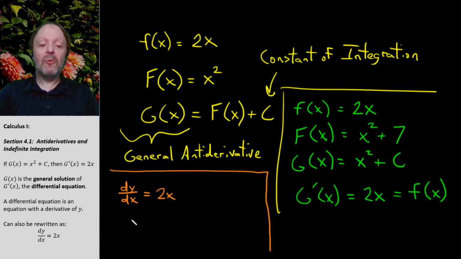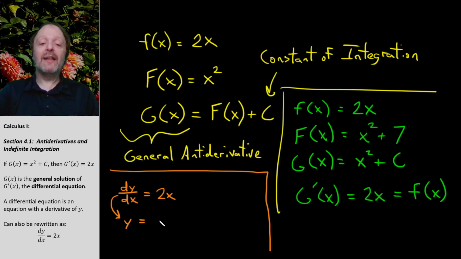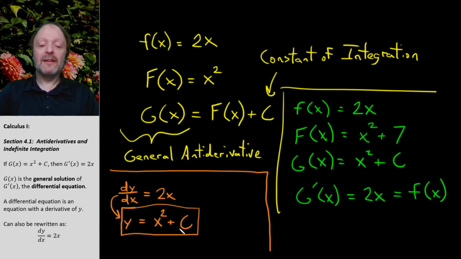But I want to know what y equals. Well, y is just the antiderivative of this. So you could say that, and we already know what that is, the antiderivative of dy/dx gives us y, the antiderivative of 2x gives us x squared plus c. This right here is the general solution.